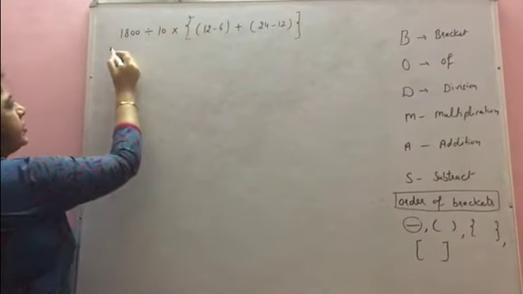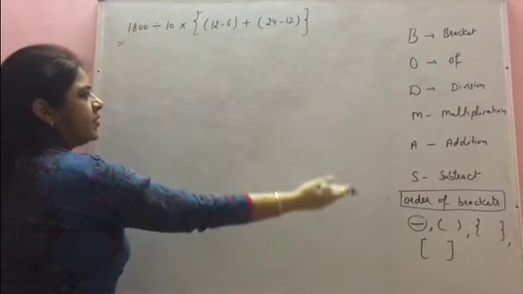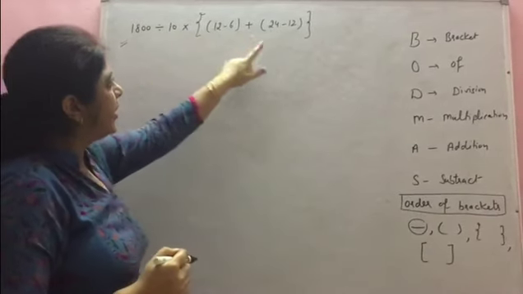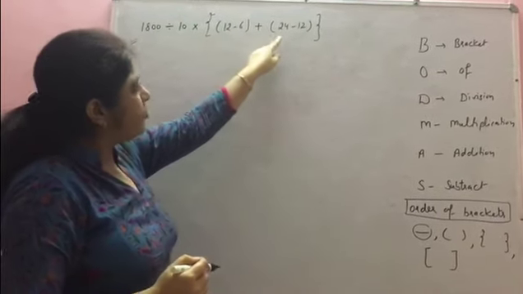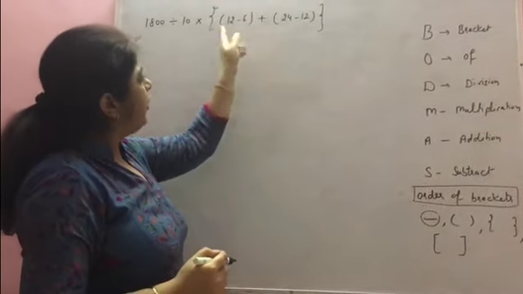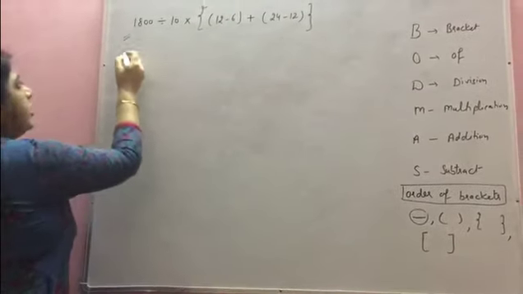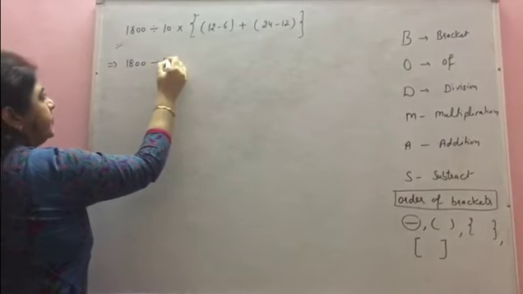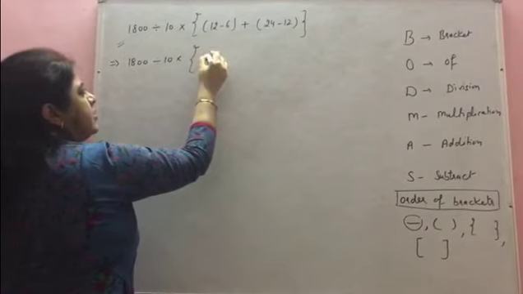The next expression is this one. Again we have to solve it and we will follow the same pattern. But here we have two brackets, the curl bracket and the small bracket. Inside the curl bracket, two times we have the small bracket. So we can solve them together. Solve it and solve it. The rest of the things we will keep as they are. What is the answer of this? 12 minus 6 is 6.